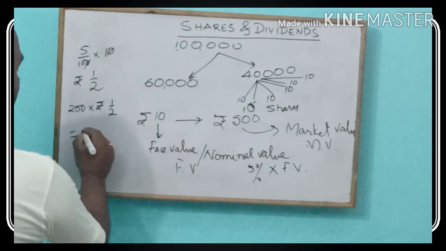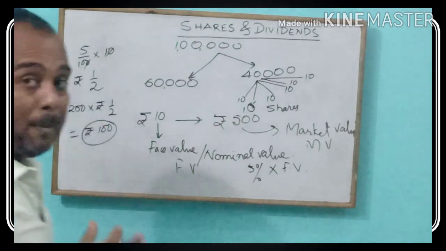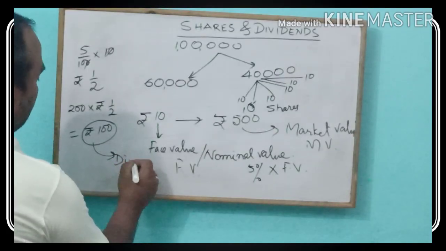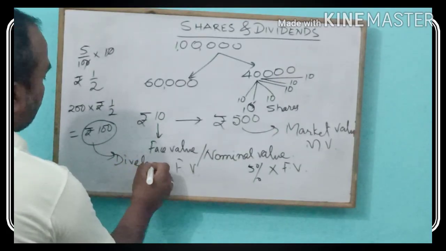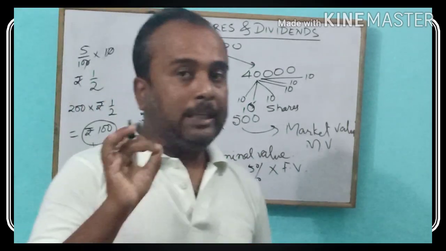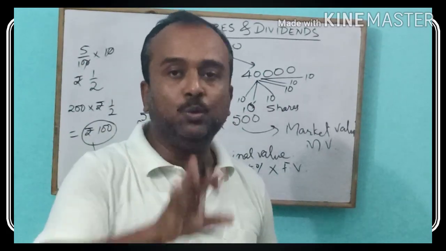That means he will get rupees 100 as part of the profit, and that is known as the dividend he gets. So, dividend is always calculated on the face value.